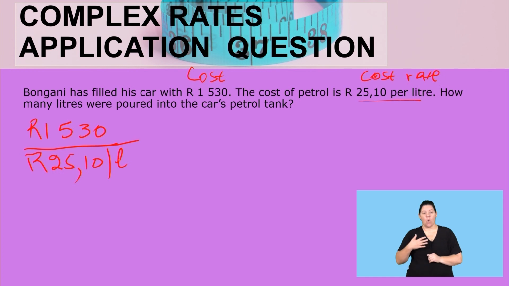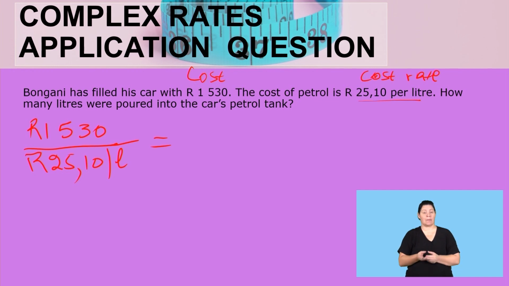I want you to write per liter because when you calculate and get the answer, you should know why the answer is in liters. So now let us press the calculator together. 1,530 divide by 25 rand 10 cents.